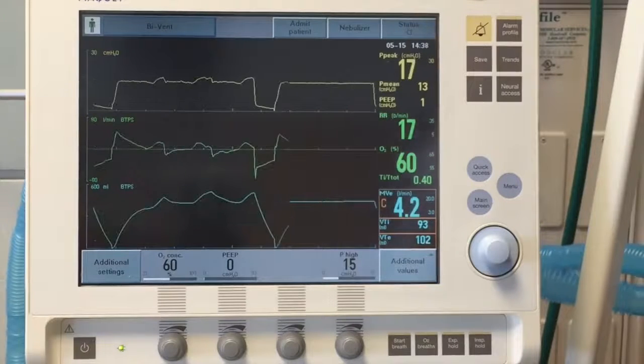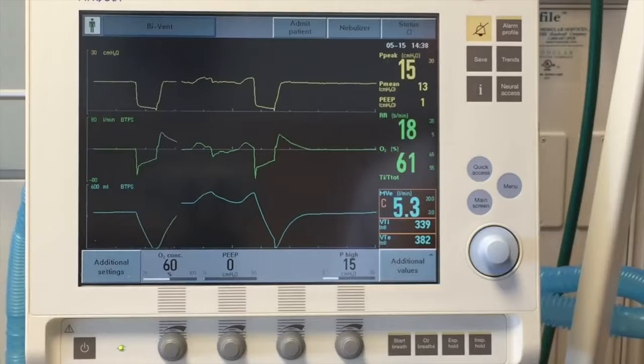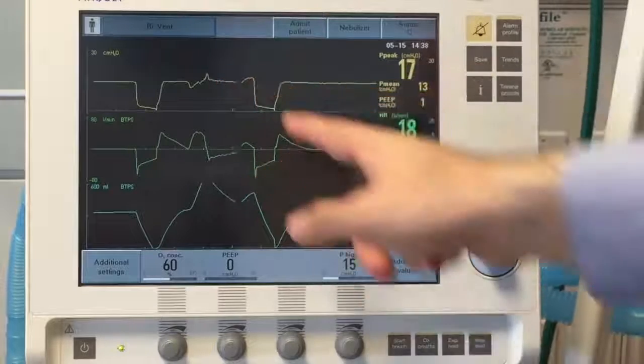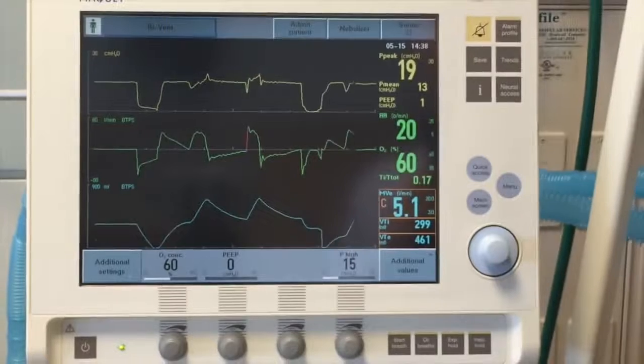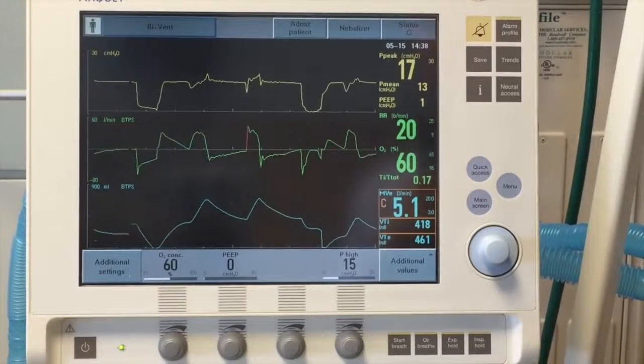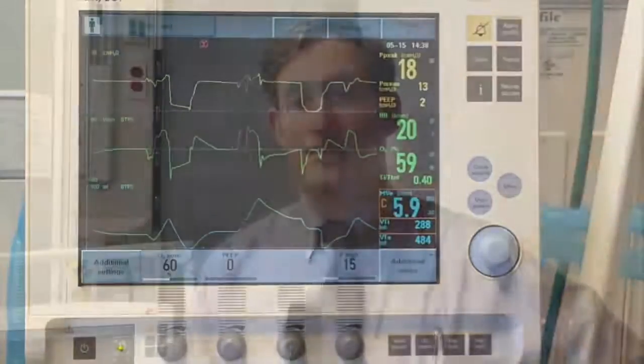One of the important things to mention about bivent or APRV is that it is another one of these modes that is considered very patient-friendly, and the patient, as you can see here, can take their own breaths throughout the respiratory cycle, and there are some ventilators in this mode where you can actually add a pressure support level to each one of these breaths.